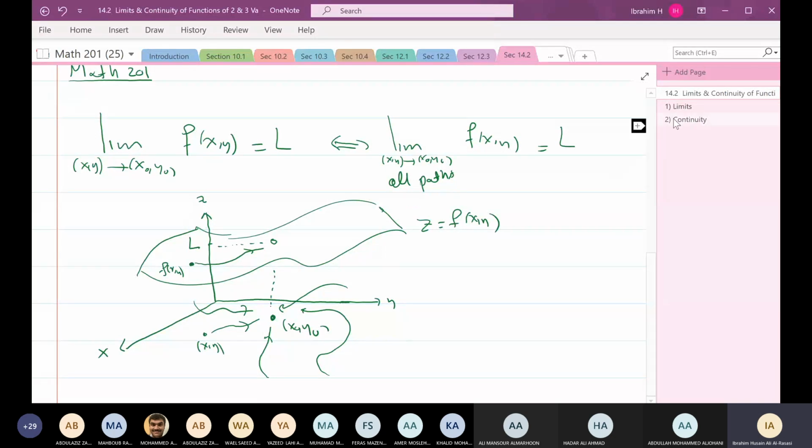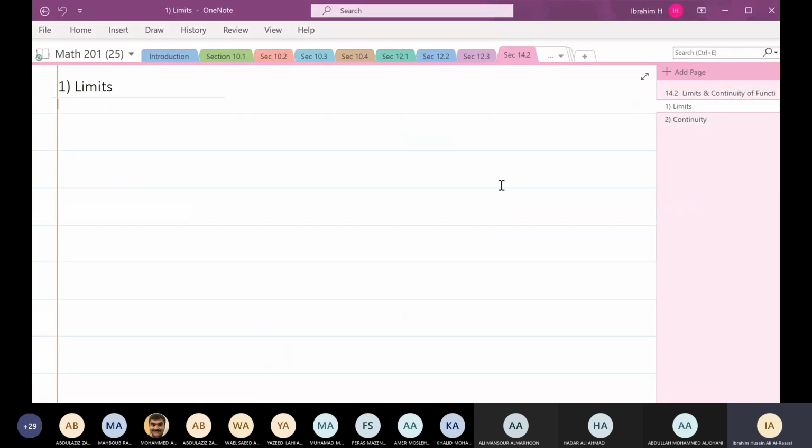Now, of course, the main point really is how to compute limits. And we have methods for computing limits. We have two classes of methods. Let me call the first one Math 101 methods, and the second one the new methods, Math 201.